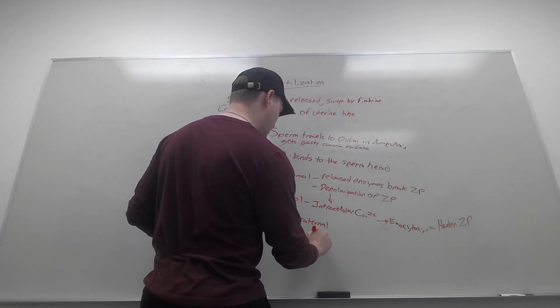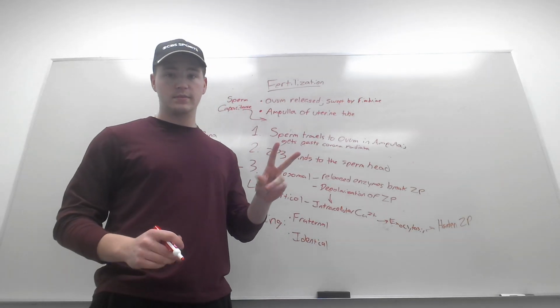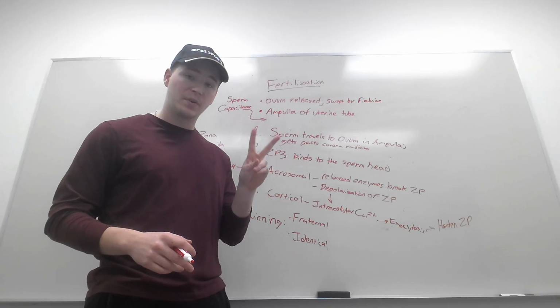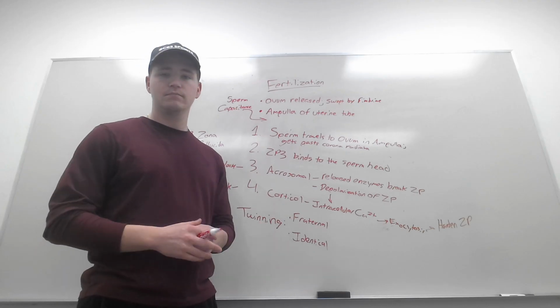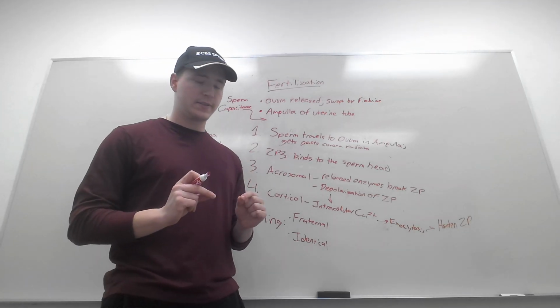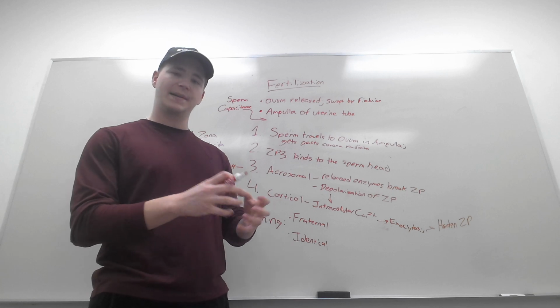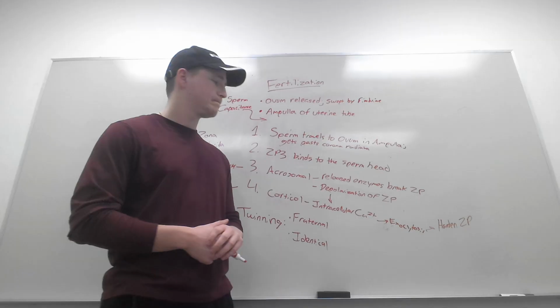Fraternal twins result from two separate ova being fertilized by two separate sperm, so they're similar, but they have a lot of differences. Identical twins are from the same ovum and the same sperm, but they split in early development, and that's why they're so similar.